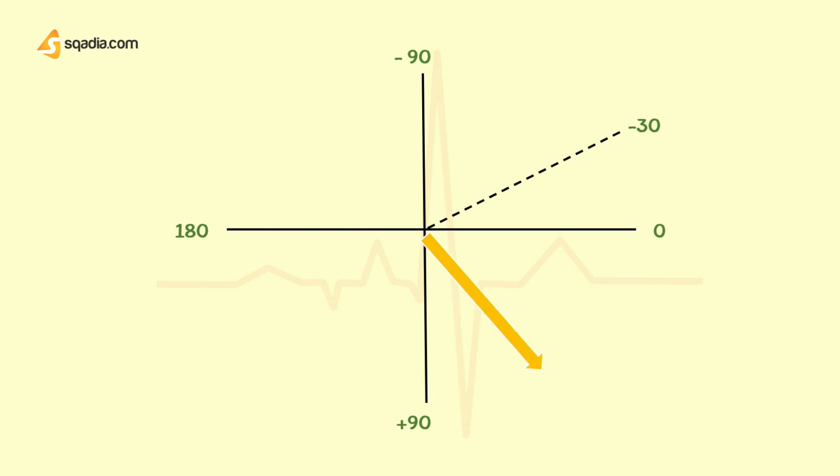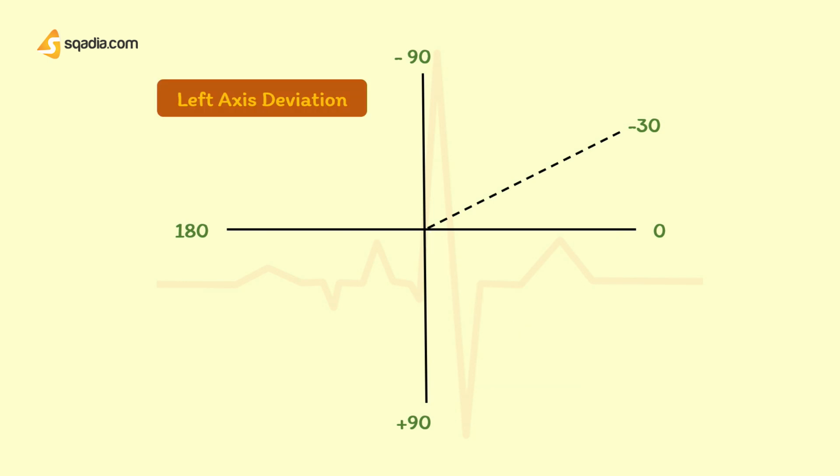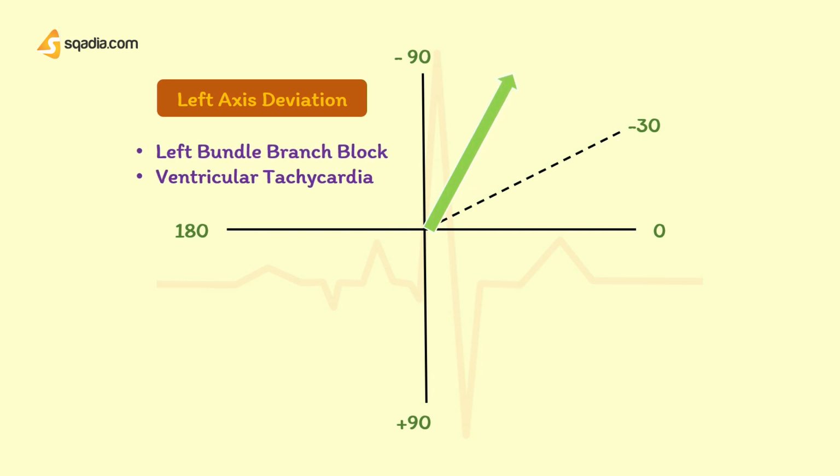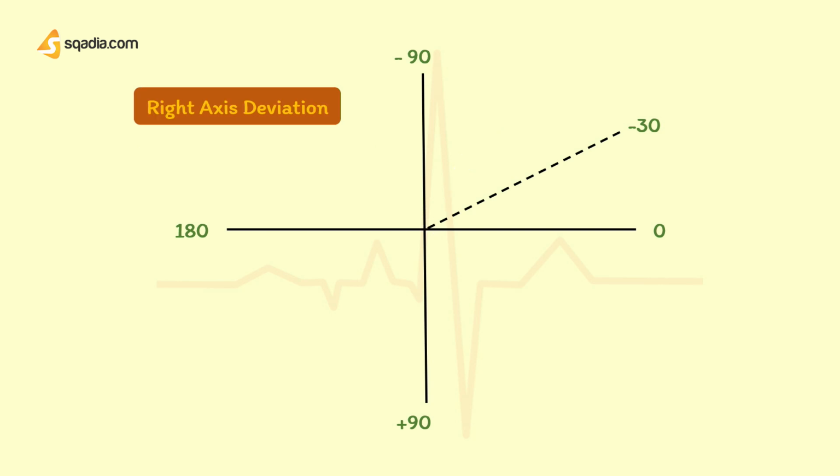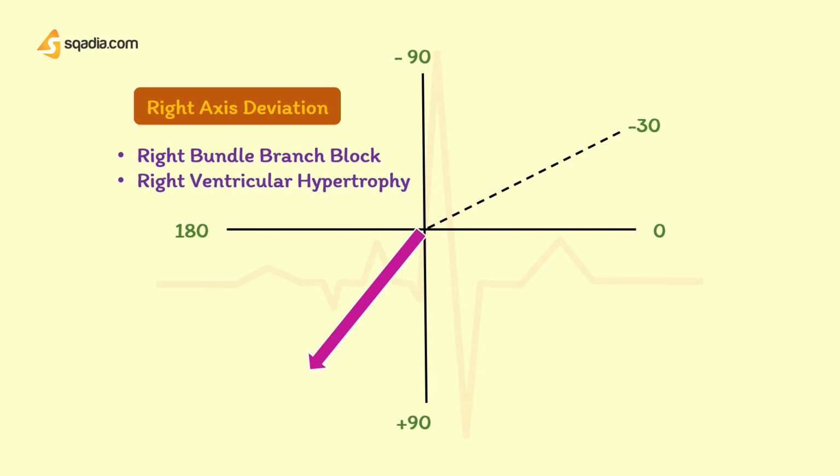If there was a left axis deviation, the vector would lie between negative 30 and negative 90 degrees, which can be caused by a left bundle branch block or a ventricular tachycardia in which the heart rhythm originates from the ventricle. There are also conditions that cause a right axis deviation, such as right bundle branch block or right ventricular hypertrophy, in which the QRS vector lies between positive 90 and positive 180 degrees.